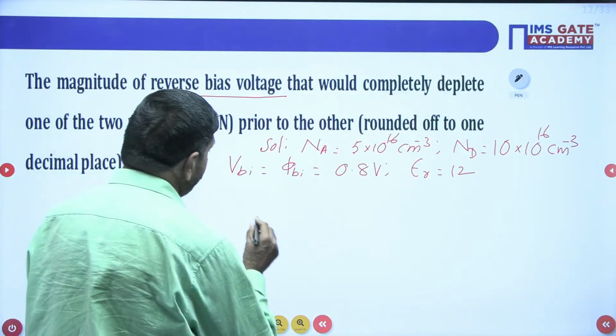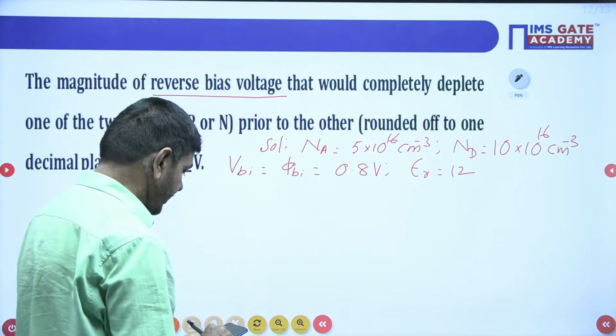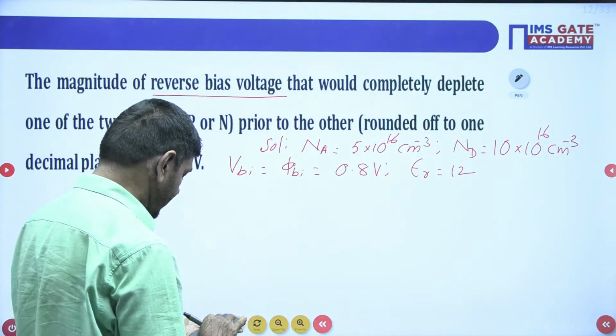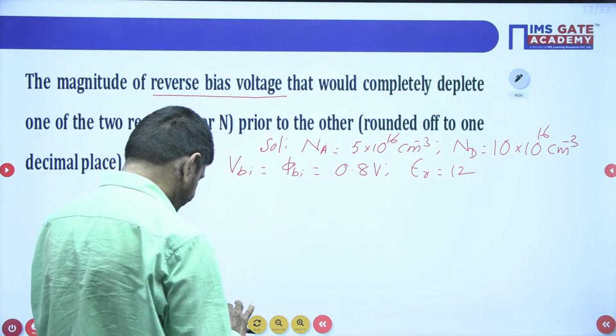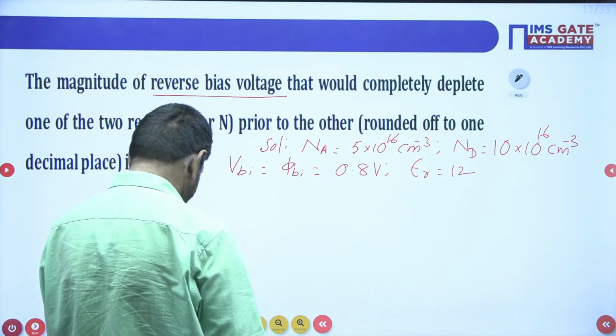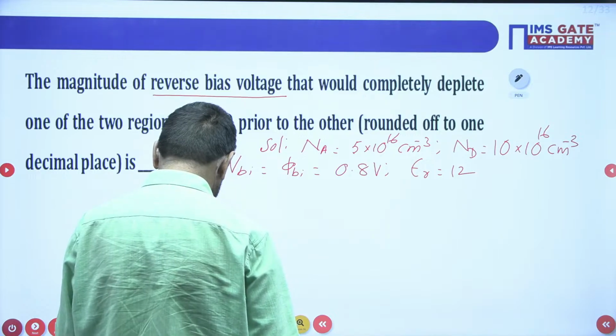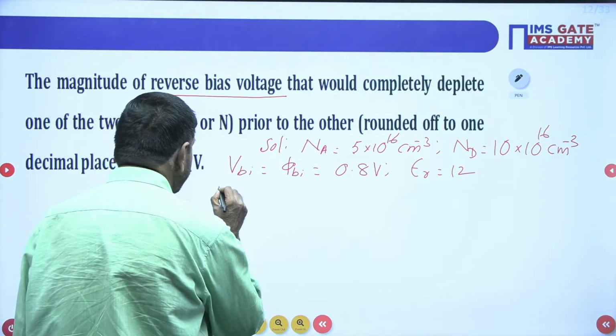We know one condition from the PN junction diode, and by using that condition we are going to solve this. That condition is NA into XP.